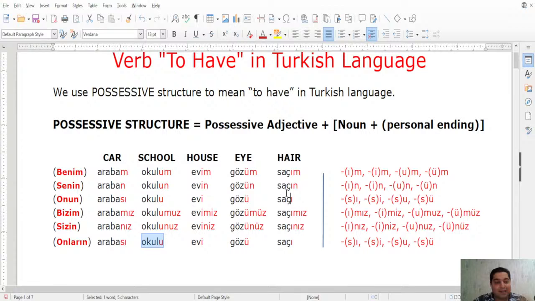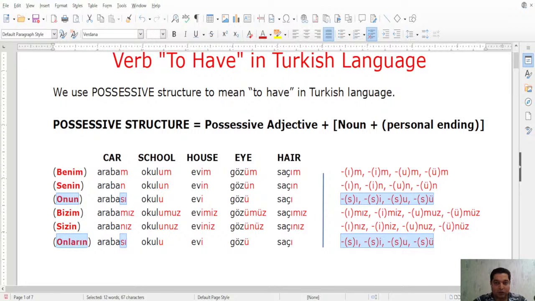So when you say their house, their singular house, not their multiple houses, for this onların, it's the same ending as in the third person singular, okay? So don't confuse. If you talk about only one singular car, house of him or his or of them, then they are the same. Okay, so onun arabası or onların arabası.